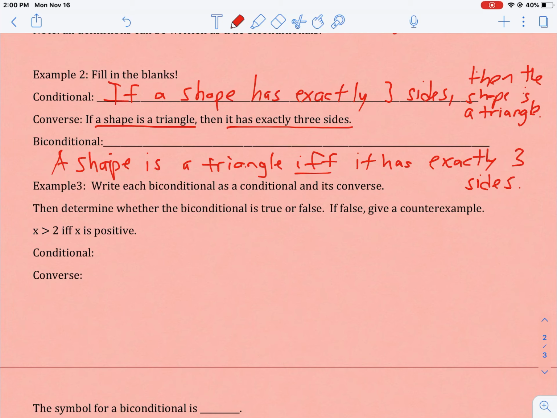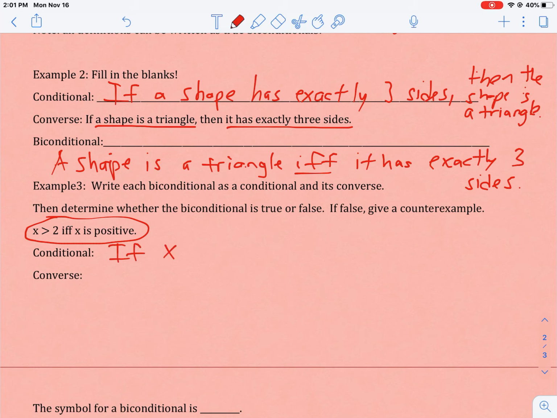Now we want to write a biconditional as two conditionals. Since we've taken a conditional and a converse and written a biconditional, we're going to split this up. We're given: x is greater than 2 if and only if x is positive. So we break that down.